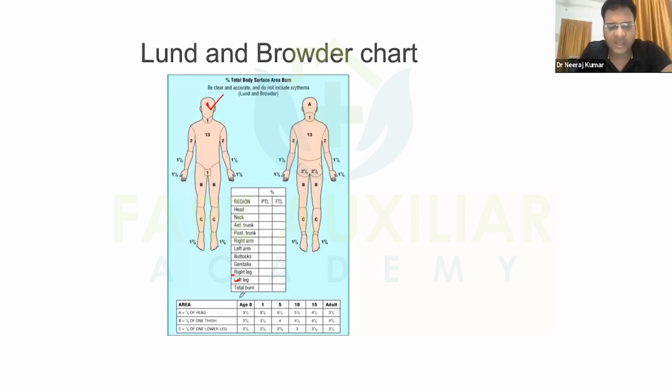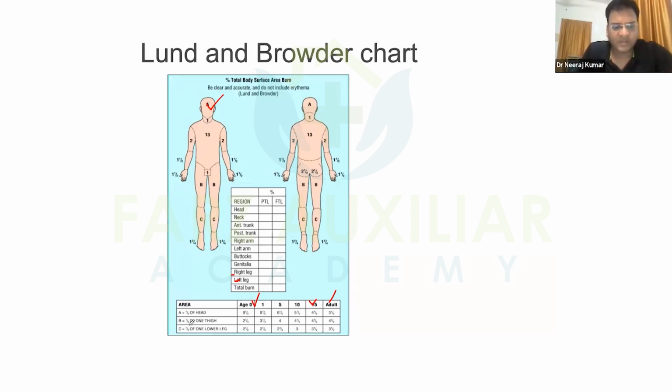That is important. But here I want to highlight that if the patient is of age 0, or age 15, or an adult, the A would be here. A is one half of the head, that is 9.5 if age 0, then 4.5 if age is 15 years, and then 3.5 if the patient has reached adult age.